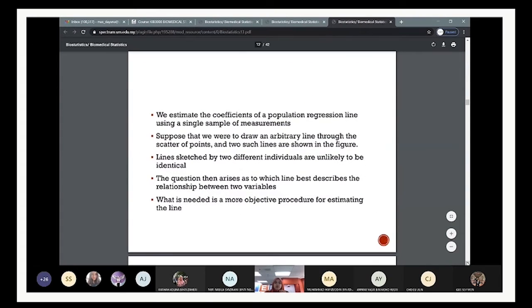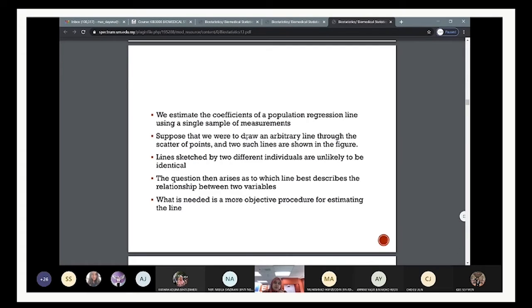We estimate the coefficients of a population regression line using a single sample of measurements. We draw an arbitrary line through the scatter plot, and with two such lines, the brown and the pink one, what we want to look at is the line that produces the least error from the actual data to the line.